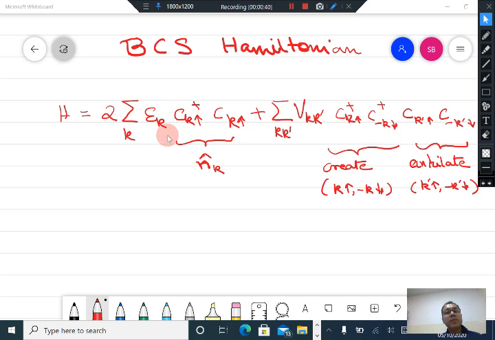And the factor of 2 is there because in the energy state K, both spin up and spin down electrons have the same energy.